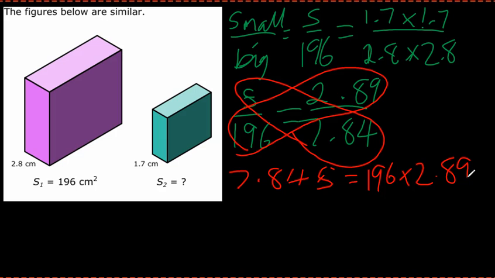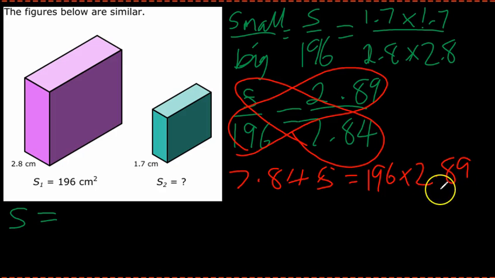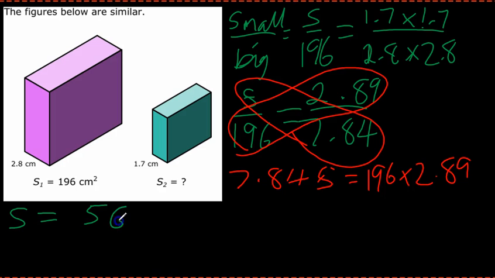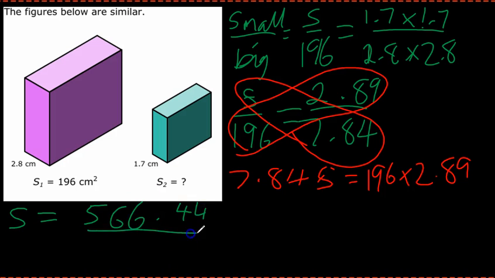Okay, so if we continue and simplify, S is going to be, if we multiply those two with your calculator, we get 566.44. Then we divide by 7.84.